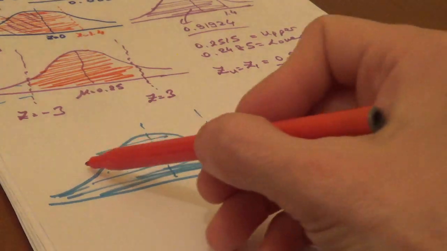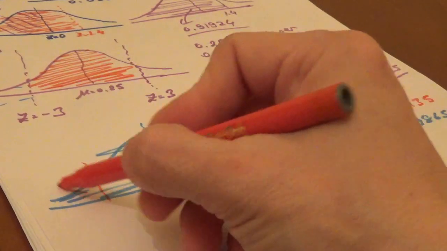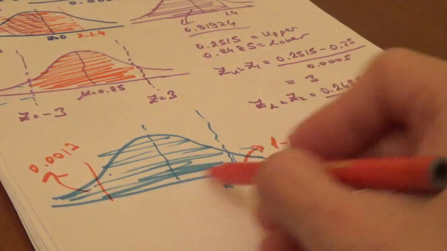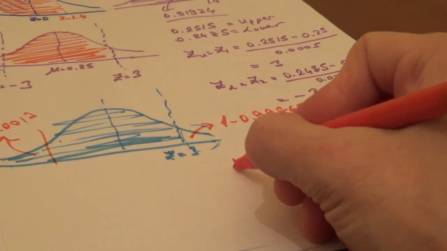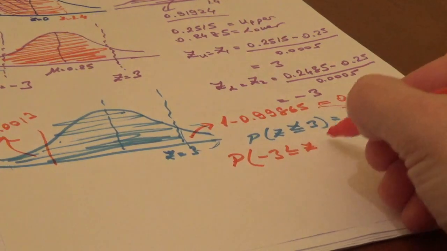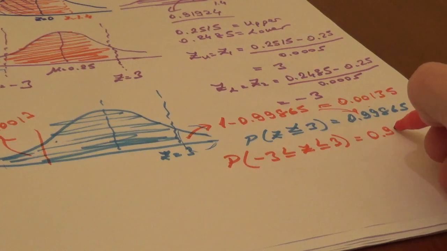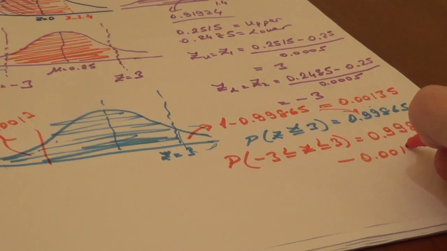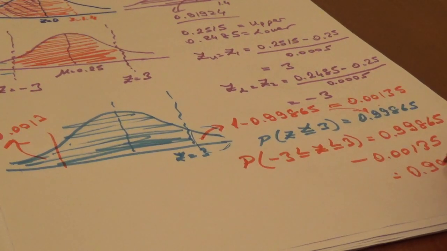If we subtract this area from here, which is just the same because it is similar, we would be finding the area under these specifications, which is the probability of minus 3 less than or equal to z less than or equal to 3, which is 0.99865 minus 0.00135 equal to 0.9973.